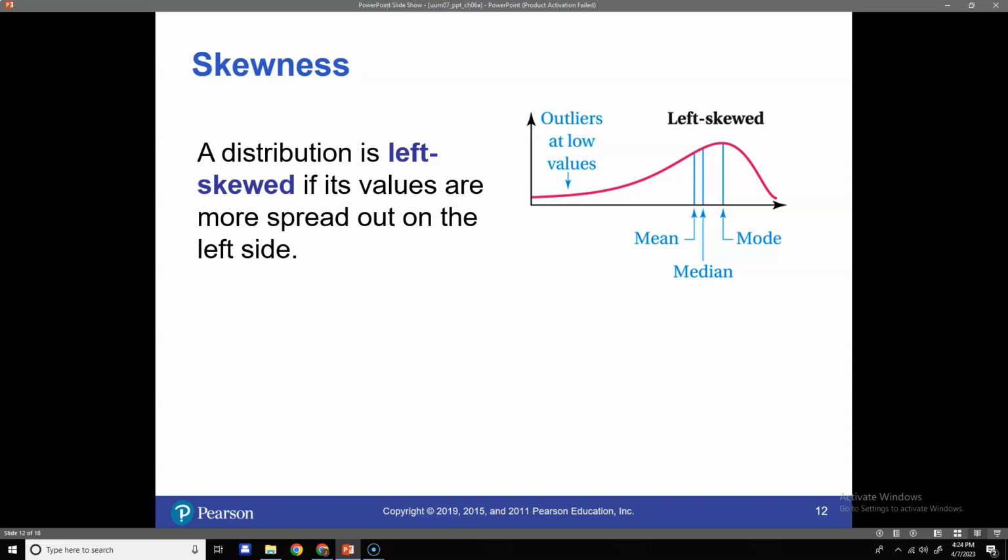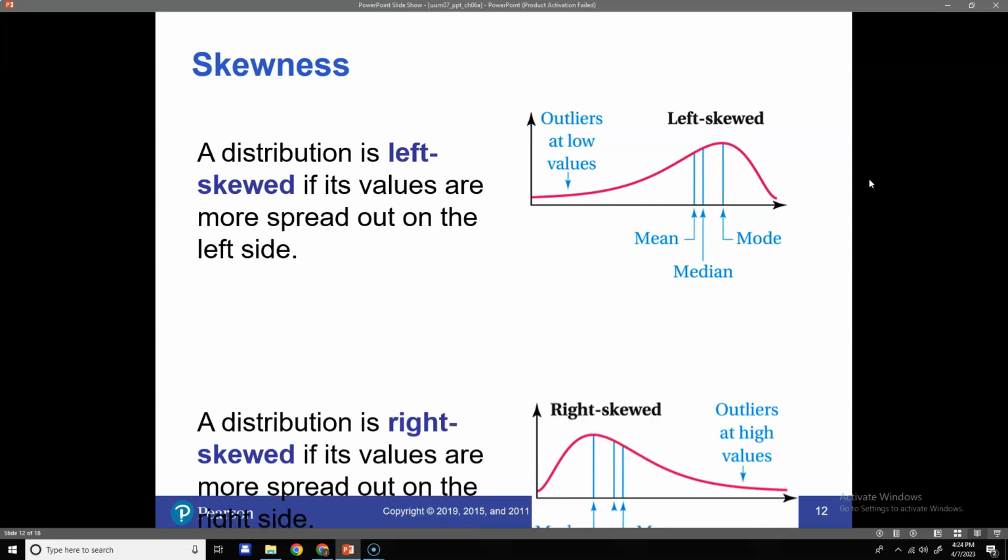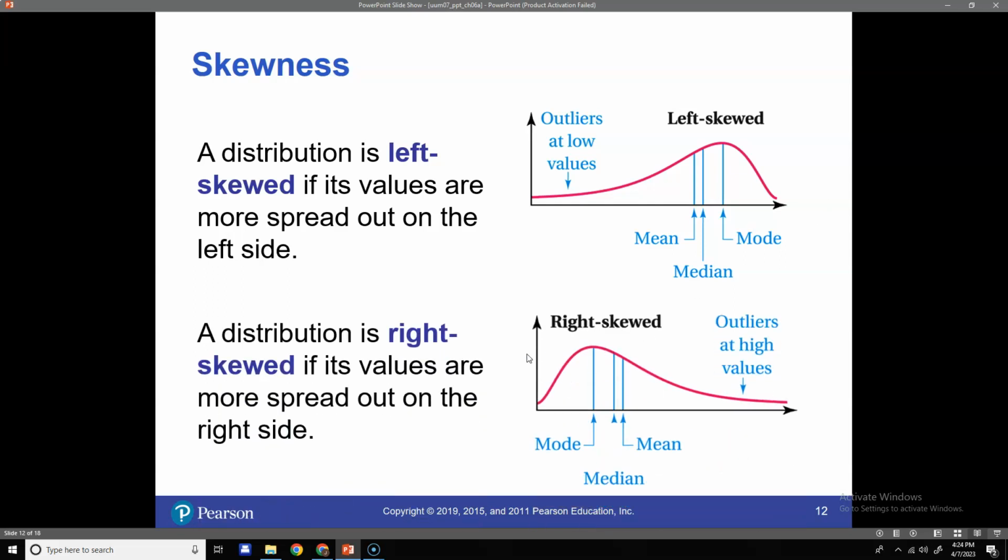Notice a lot of people see the hump to the right, and they assume this would be called right skewed, but it's actually where the tail is, because that's where the outliers exist. That would pull your mean to the left, so this would be a left skewed distribution. And a distribution where the outliers are at the right would be known as a right skewed distribution.